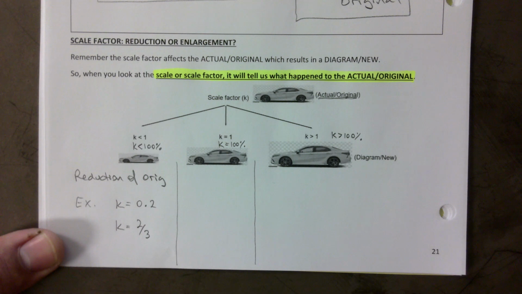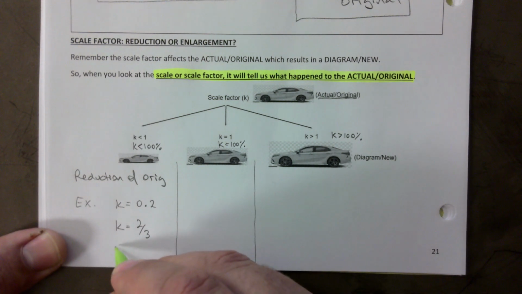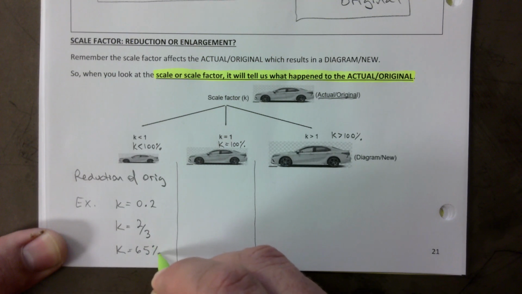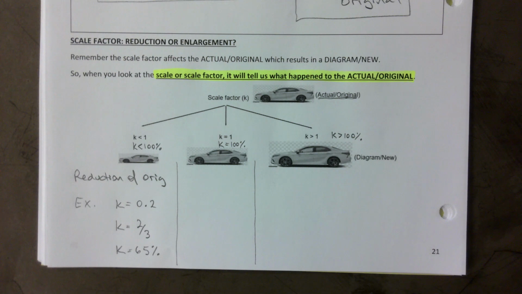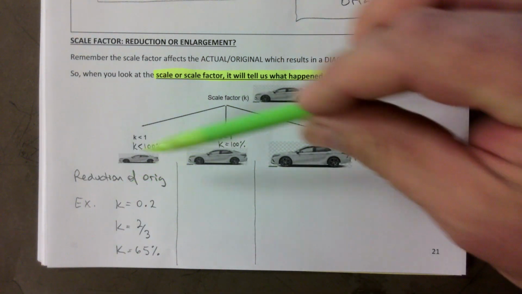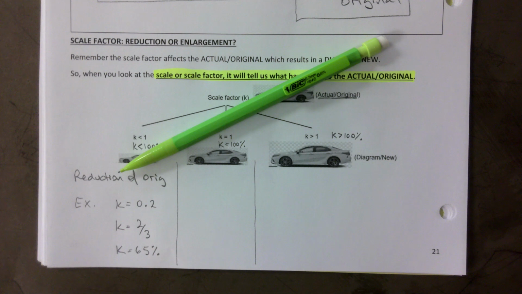Because that's 0.6 repeated, right? Or K is 65%, let's say. All of those would indicate, because you will not always have a picture. So if you don't have a picture, it's like what happened to the original? Well, if K is less than 1, you know it's a reduction.